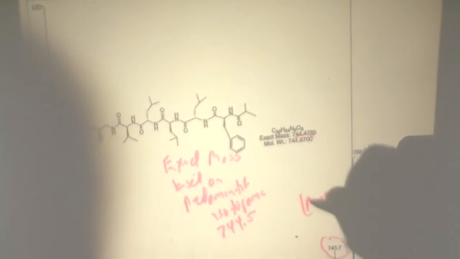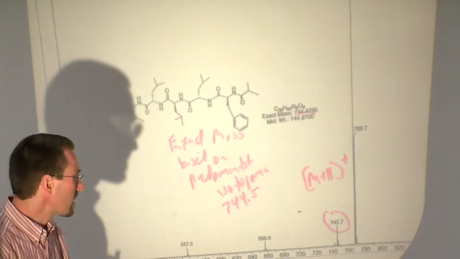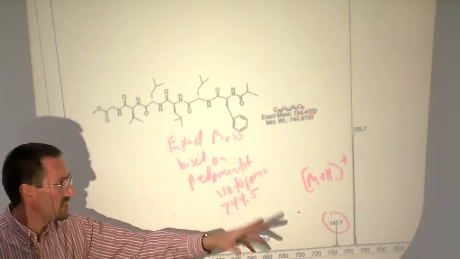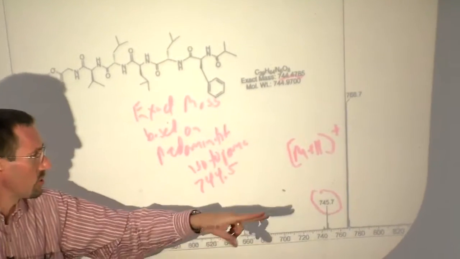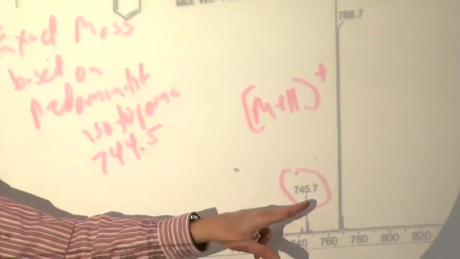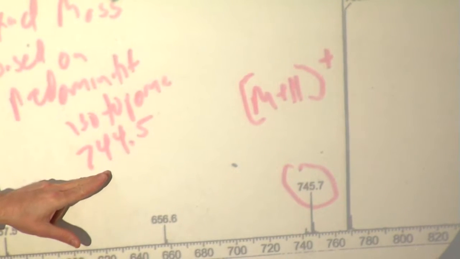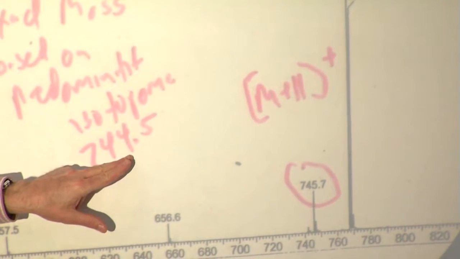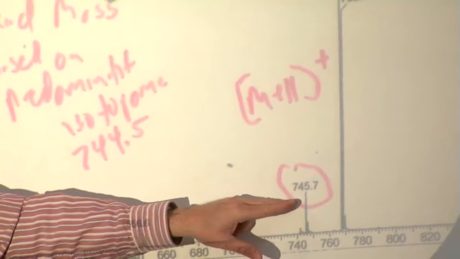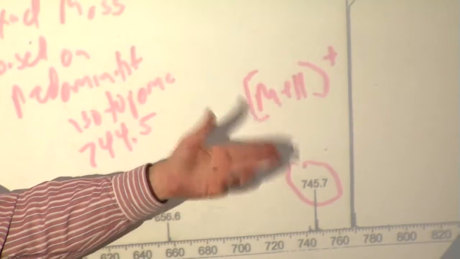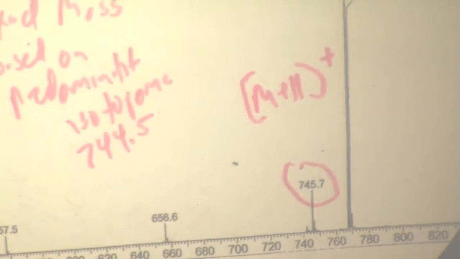So this peak is your M plus H plus. The instrument is only good to plus or minus a few tenths unless you're running in a high resolution mode. So in other words, we would expect if we pick up a proton here, we get to 745.5. We're at 745.7. That's within the limits of experimental error.